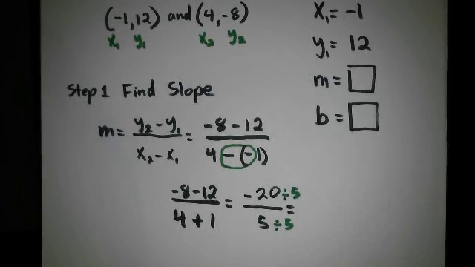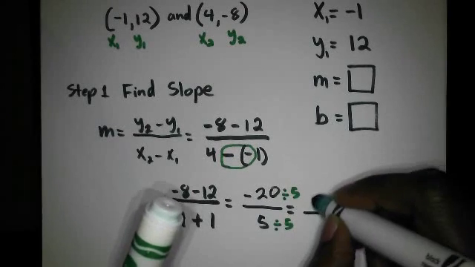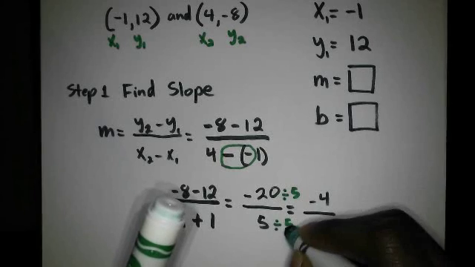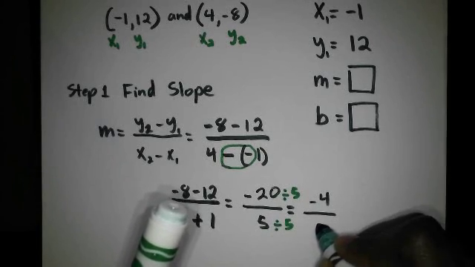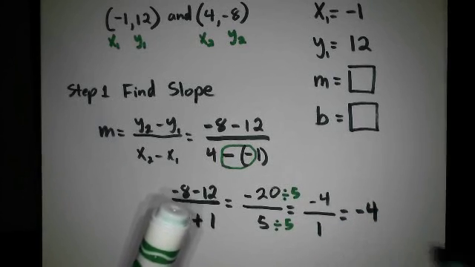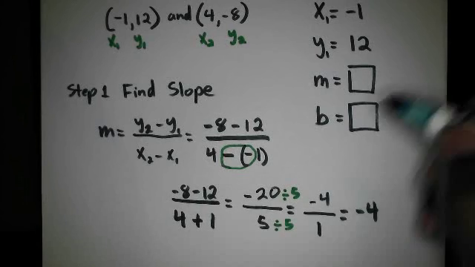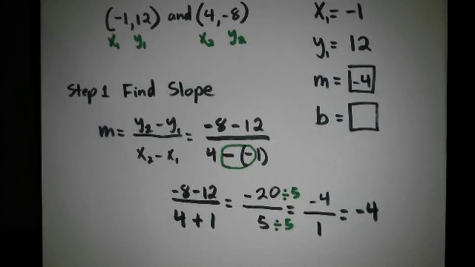Not -5, it's just 5. -20 divided by 5 is -4. 5 divided by 5 is 1. -4 divided by 1 is -4. And what we have now is slope. Slope is -4. That's what we were looking for, step 1. We're done with step 1.